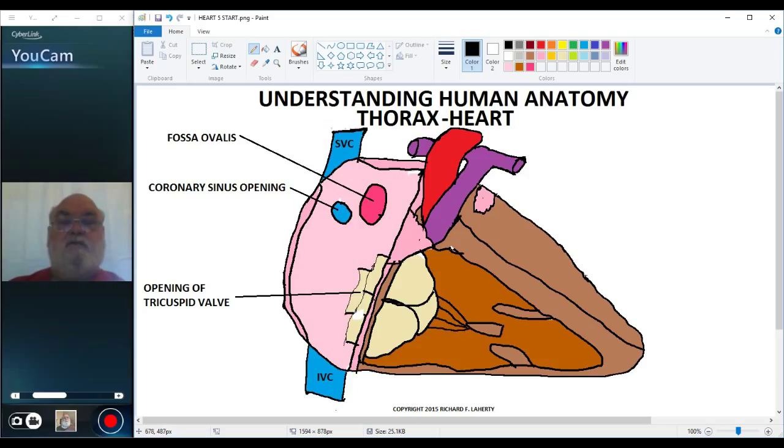I'm drawing the posterior in first. And these cords are called Chordae Tendineae.